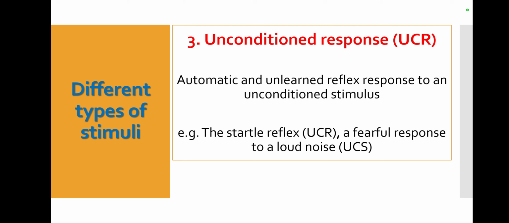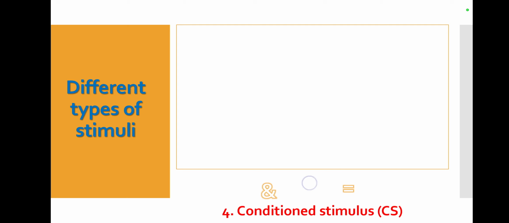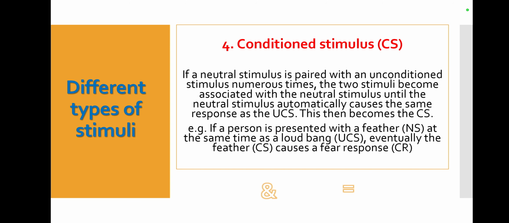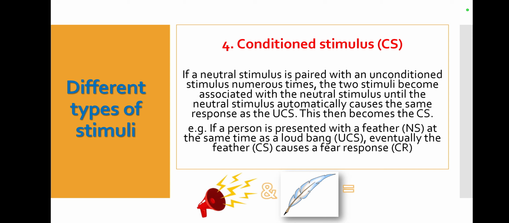So during the conditioning process, the two are paired together. And if that's repeated numerous times, then the two stimuli become what we call associated, until eventually what began as a neutral stimulus, in this example the feather, has now gone on to become a conditioned stimulus, because the two things have been paired together.